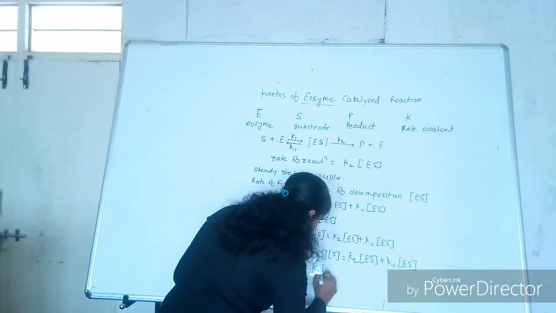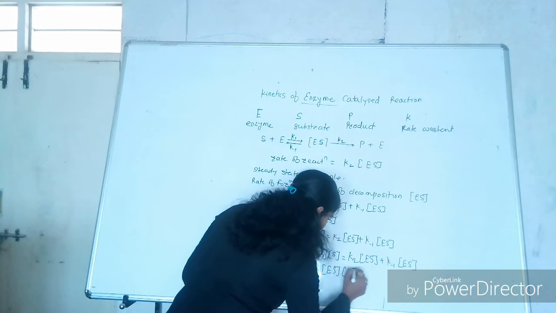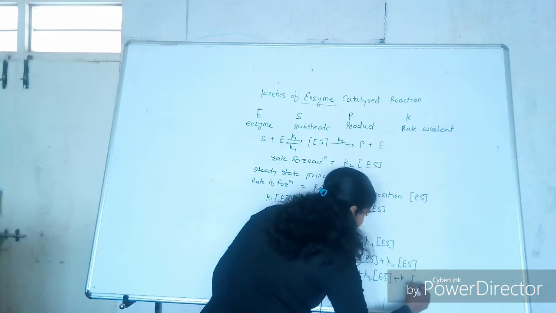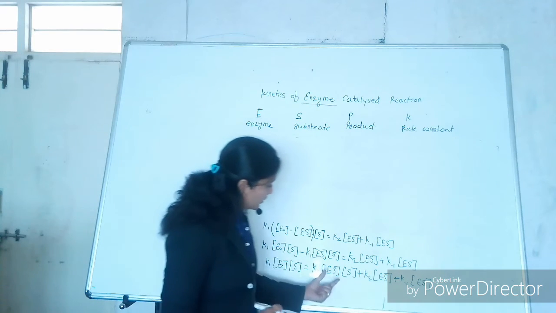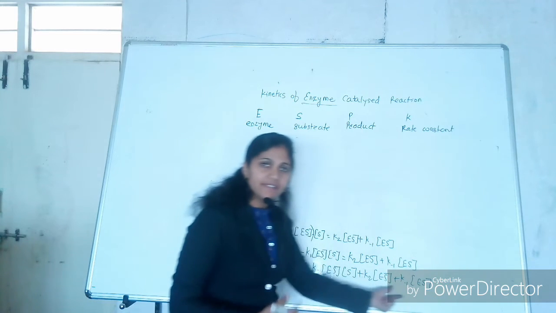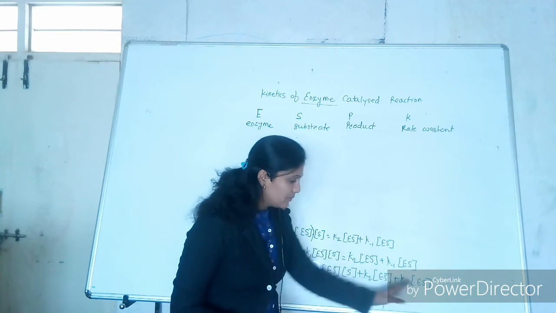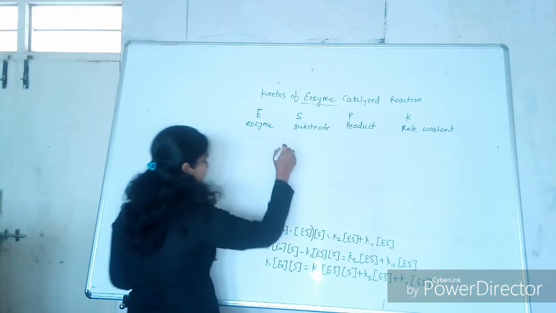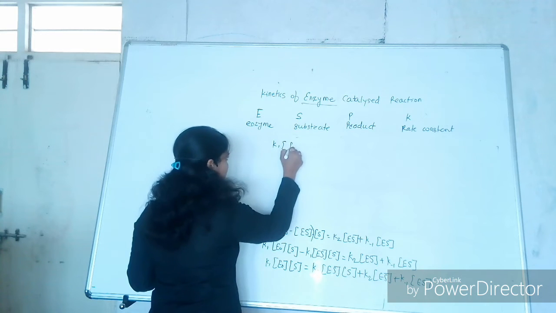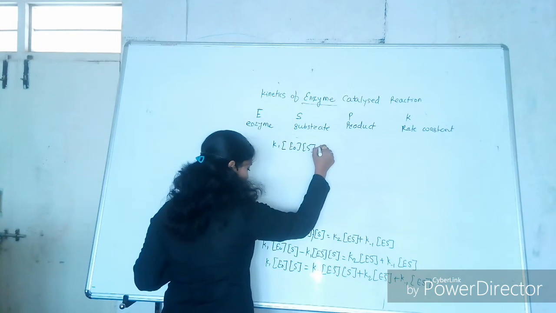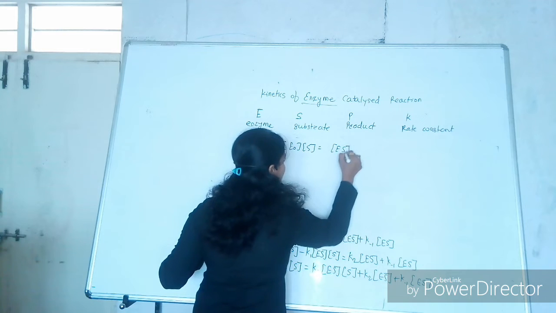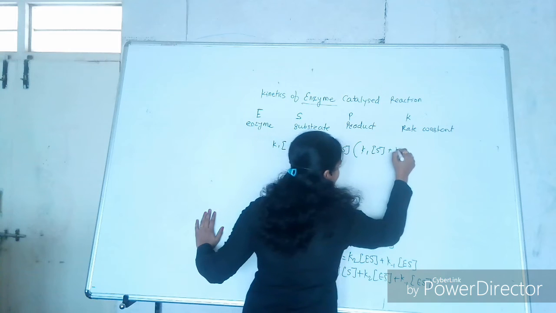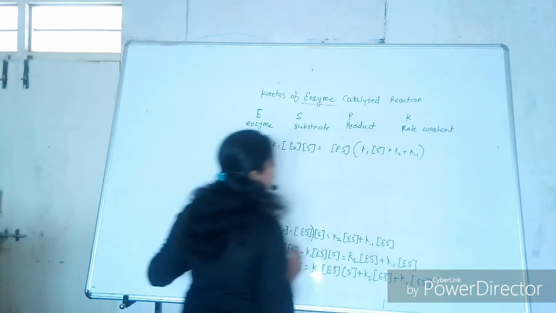So we will get K1 into Es into S plus K2 into Es plus K minus 1 into Es. In the right hand side there are three terms in which the enzyme substrate complex term is common. So we can collect the common term as Es into K1 into the concentration of S plus K2 plus K minus 1.